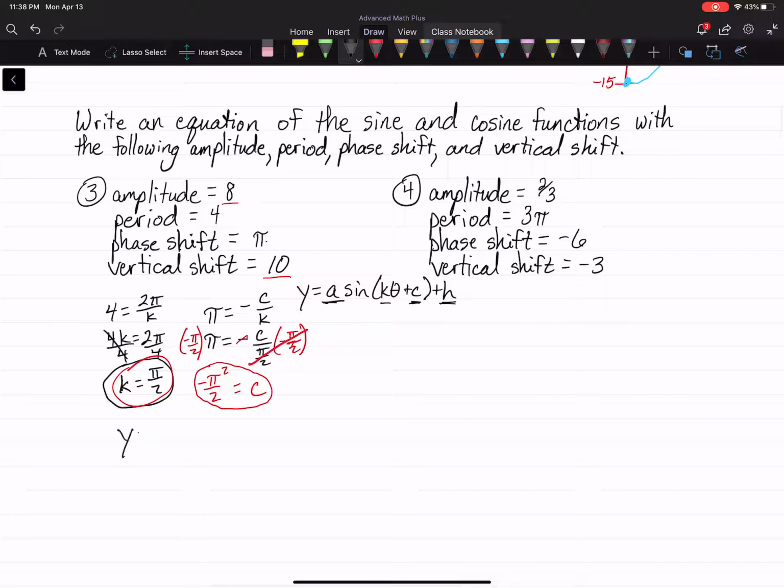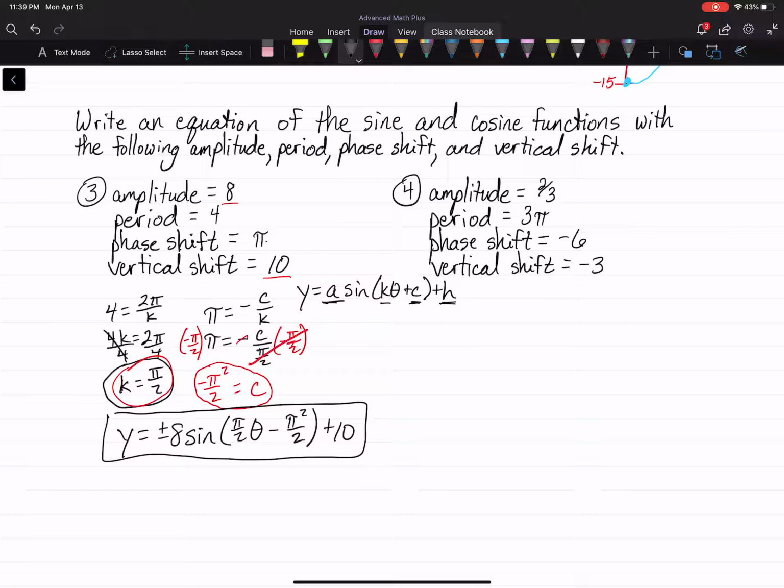So y equals, amplitude is plus or minus 8, sine, K is pi over 2 times theta minus pi squared over 2, plus 10, plus my vertical shift.